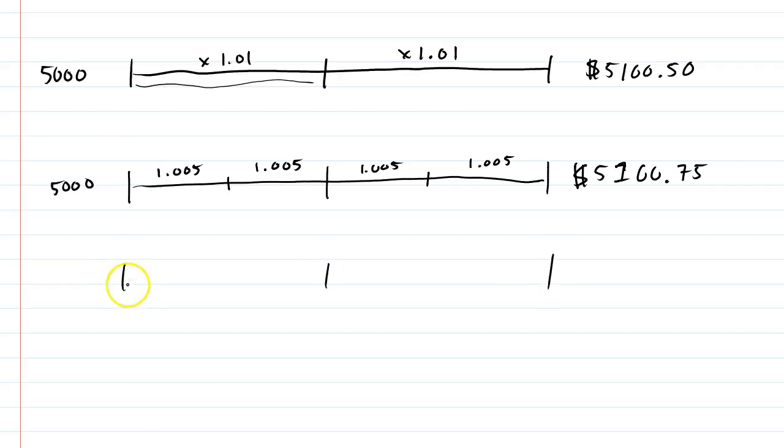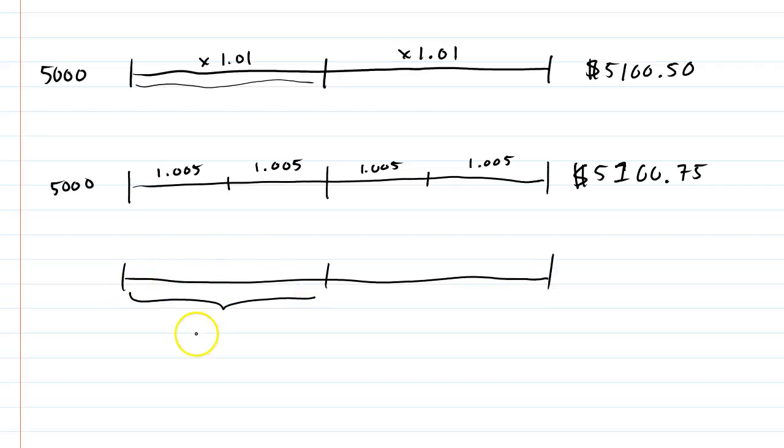So they might do something instead like monthly, which means that within this year, they're going to take the 0.01, divide it by 12, and then do it 12 times more often. So again, in the next year, they're going to have 1 plus 0.01 all over 12. I'm writing out the expression we would do: 1 plus 0.01 over 12, to the power of 12.